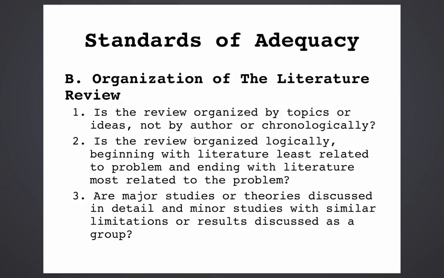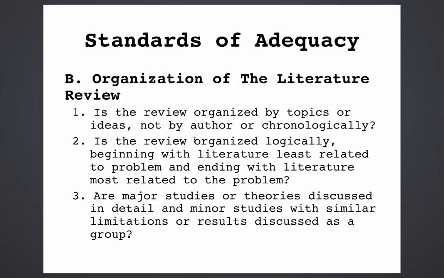Next, you're going to be looking at the organization of the literature review. As stated earlier, it should be organized topically as opposed to chronologically. The review should be organized logically from literature that's more broad or furthest away from the specific problem, ending with the literature that's most specifically related to the problem of interest, the purpose of the study.